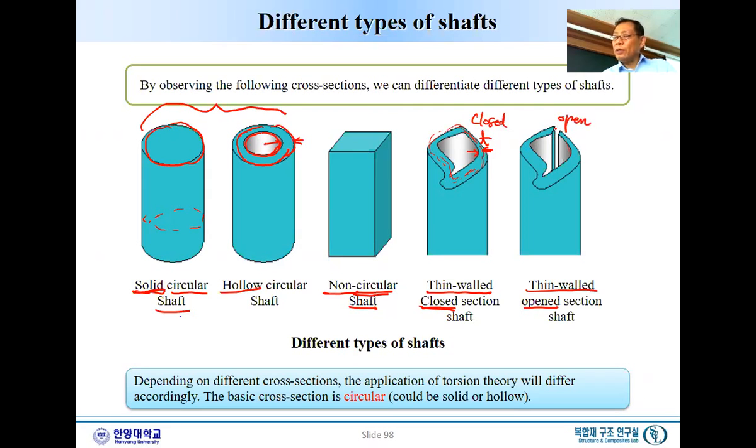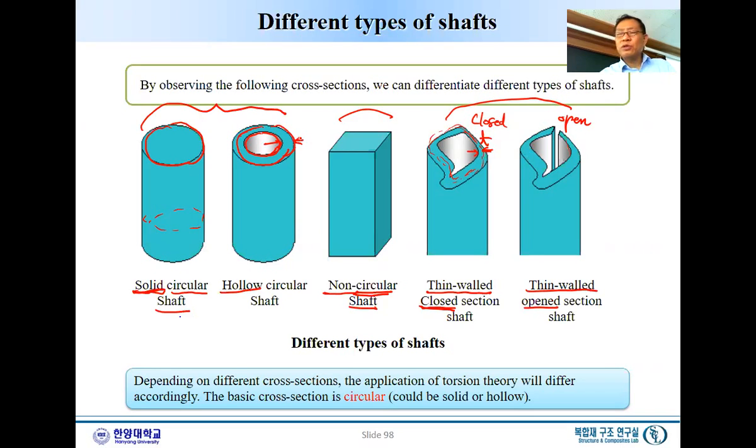Depending on whether the shape is closed or open, the torsional theory is quite different. In other words, the behavior of this shaft is very different from each other. Depending on the cross-section shape, and depending on closed or open, all theories are quite different.